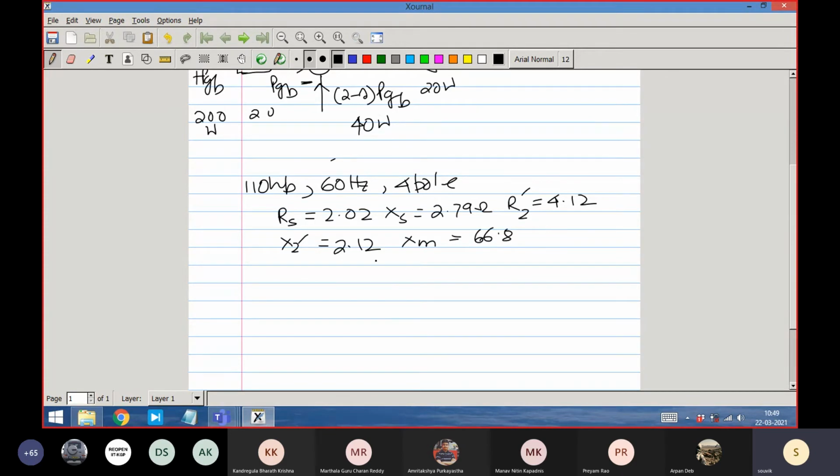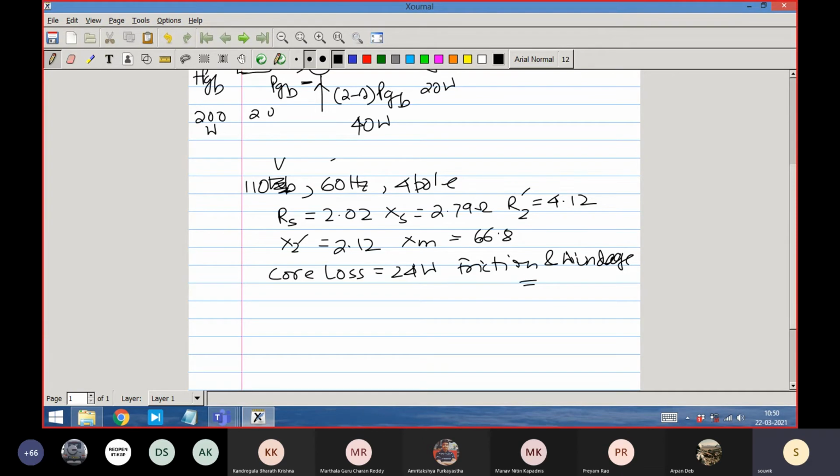And after that they have given some data which I am not immediately considering, that is core loss is equal to, this will come later at the end, friction and windage loss. Friction and windage is equal to 13 watt.